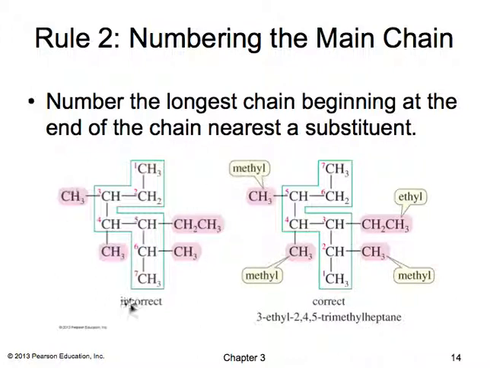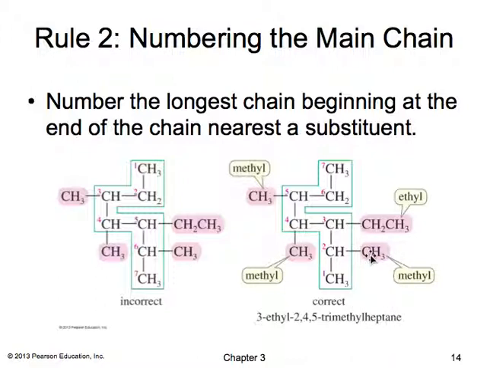If you chose it this way, you would have the first substituent at number 3. But if you numbered it from the bottom end, the first substituent is number 2. As a result, this would be the one that you select in numbering, so that the numbering goes from bottom to top. And then you can put it together where you have the base name, which is heptane.